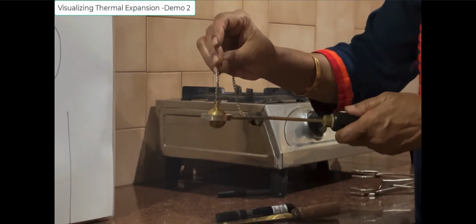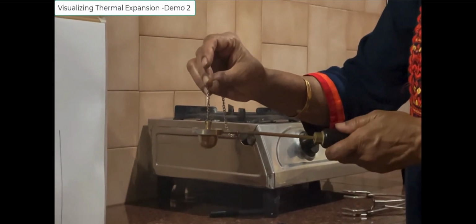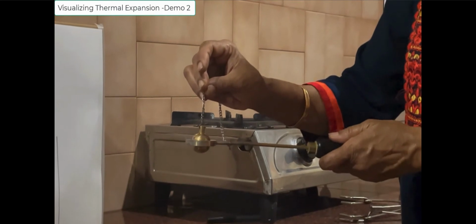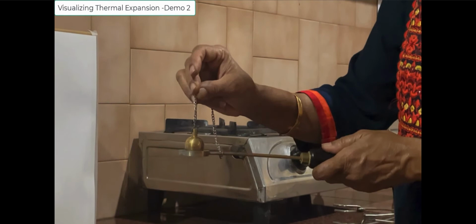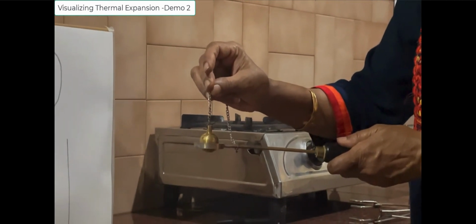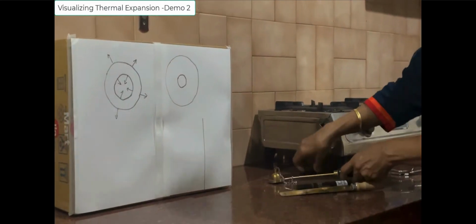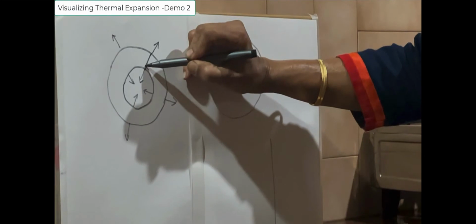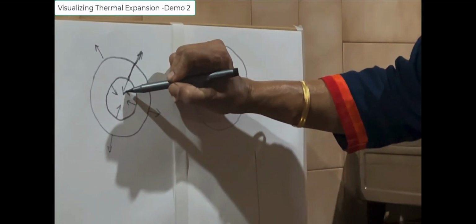So it actually means that the ring has become larger in diameter, both the internal as well as the external circle. Why is this happening? We just now realized that linear expansion is expanding linearly on either side. If that is what it is, then this length should have increased this way as well as this way.